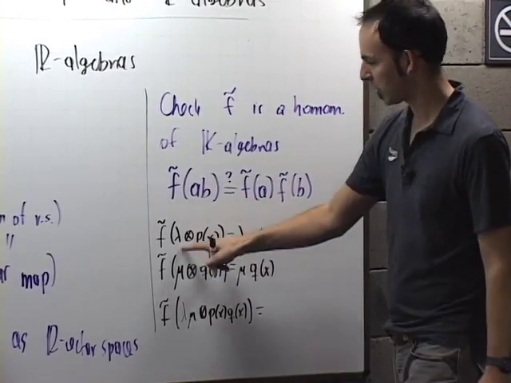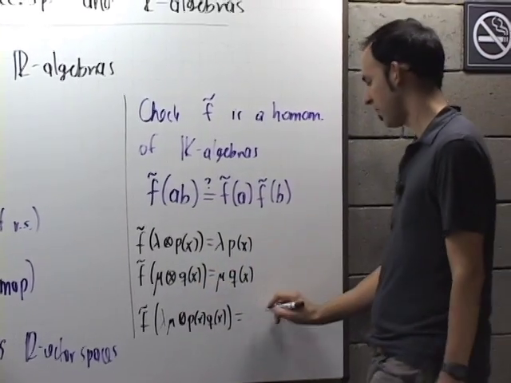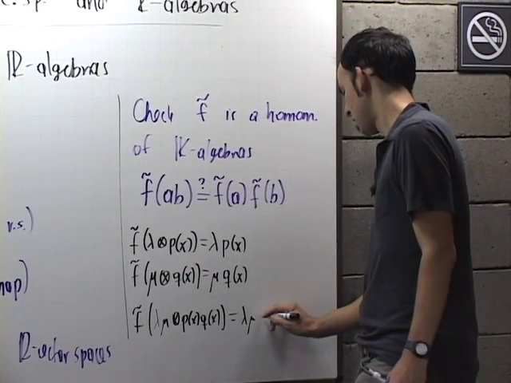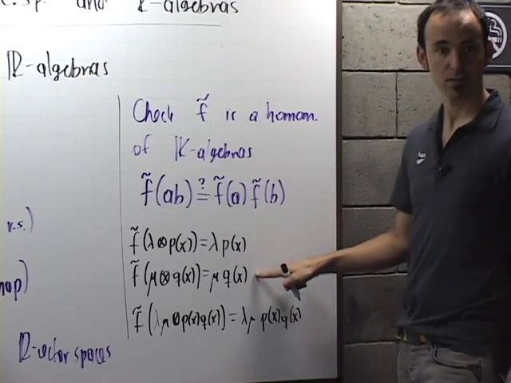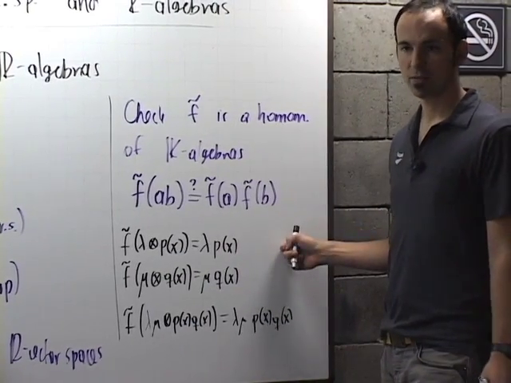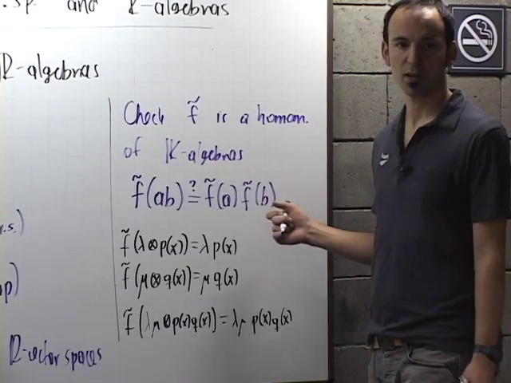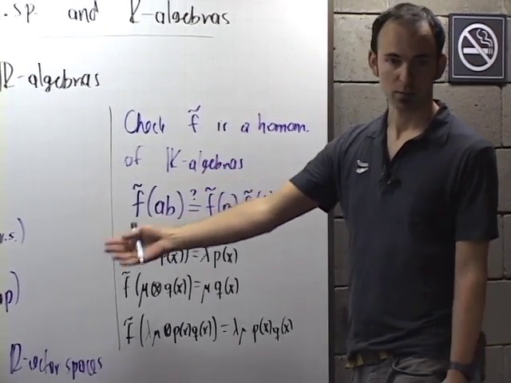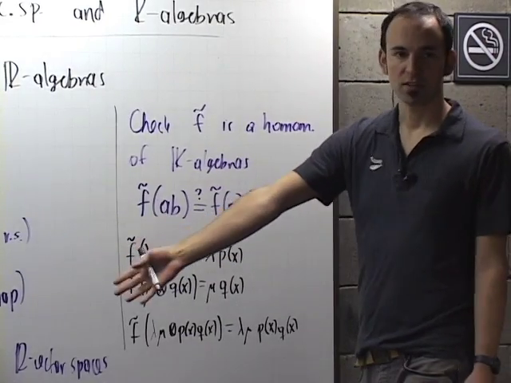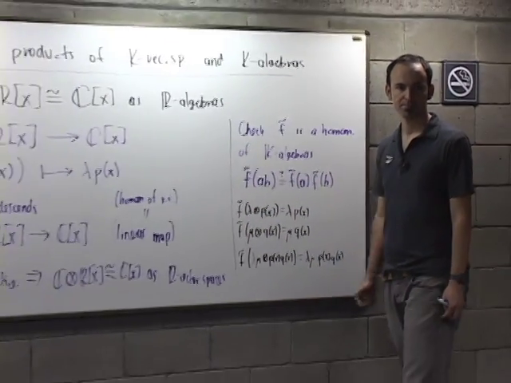So this is the product of these two things, and by definition this is lambda mu p of x q of x, which is this times this. And so now we have checked that this does respect the product, and therefore this is a homomorphism of K algebras, and because it's bijective, then it is an isomorphism.